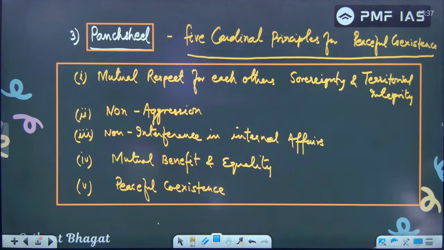So: mutual respect for each other's territorial integrity and sovereignty, mutual non-aggression, mutual non-interference in internal affairs, equality and mutual benefit, peaceful coexistence.